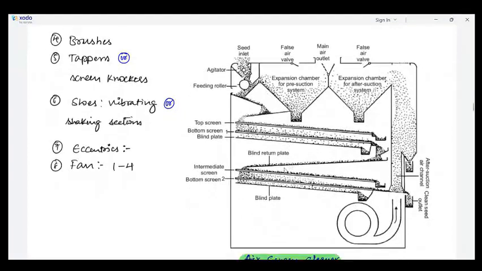As I told you, it can consist of multiple screens, and also the air circulating machine which will circulate the air, so that only the lightweight seeds will be lifted and the heavy seeds fall off. So this is how it works, based on both seed size and weight. Weight is mainly because of the air, and the size because of the ports that are present here. The larger size will remain and the smaller size will drop off. So this is how the cleaning is done in the air screen cleaning machine.